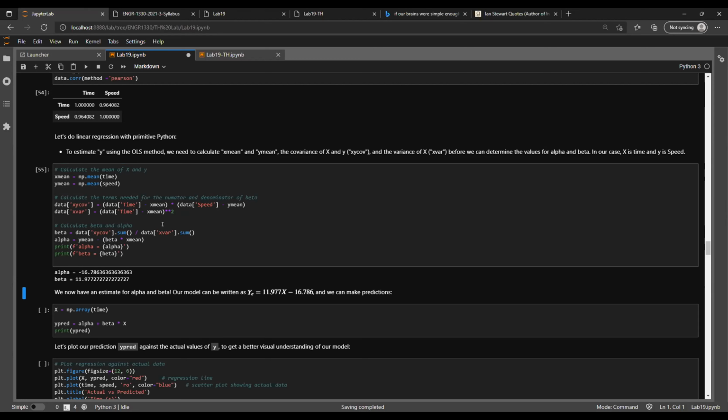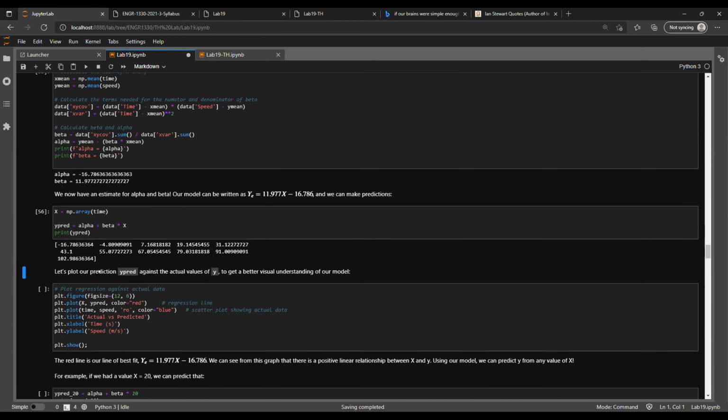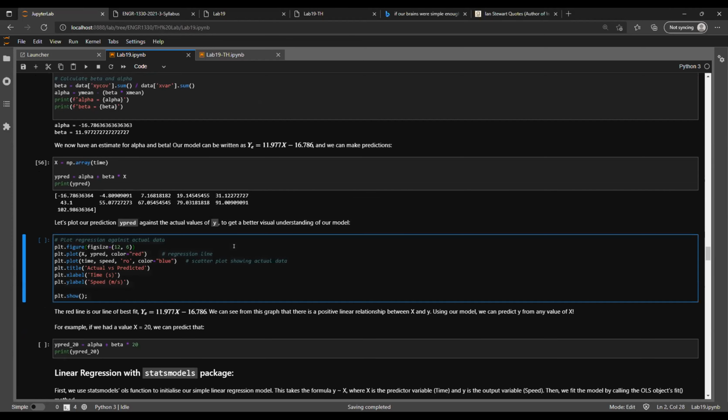Well, let's do that. All right. So this is going to be the outputs for what we're predicting with our predicted line, our predicted linear formula. Let's plot some stuff.